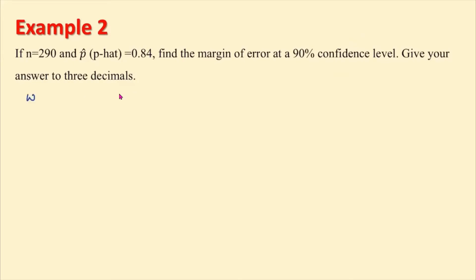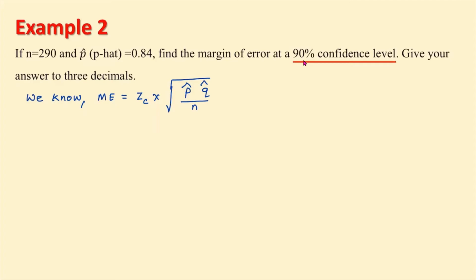So what we know is, when we are talking about the proportion and the margin of error, we have the formula: margin of error is equal to Z critical multiplied by the square root of P hat Q hat over N. This is the formula.